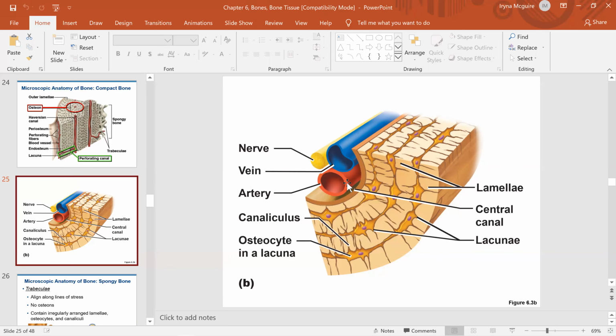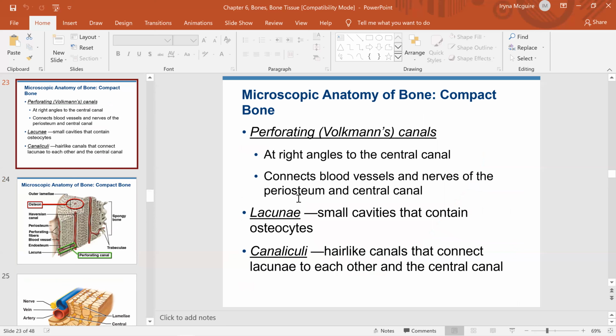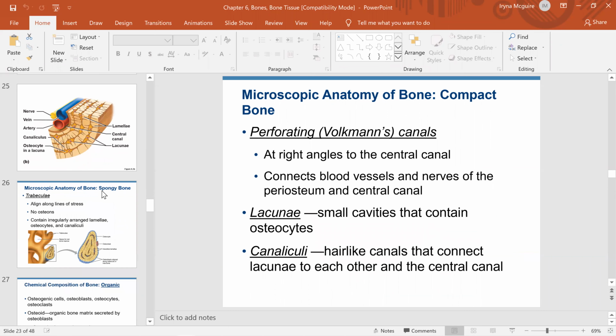So oxygen and nutrients will go through this canaliculi to osteocytes. Right, so that's what we have here. We have lacunae, small cavities that contain osteocytes, and canaliculi, hair-like canals that connect lacunae to each other and the central canal. Right, makes sense?